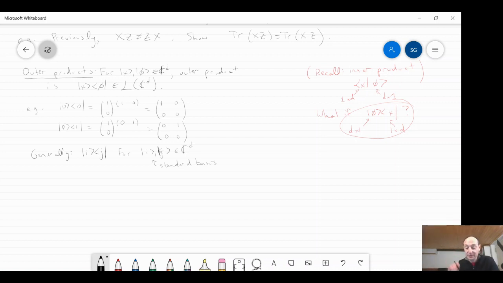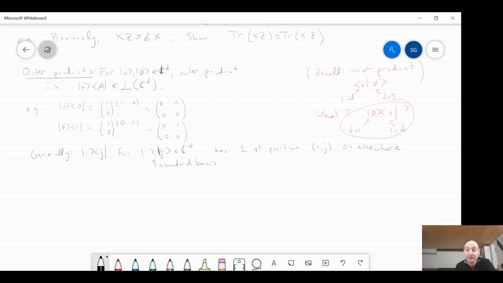Otherwise, I'd use something like a psi. So |i><j| has a 1 at position i, j, zeros elsewhere. Okay, so it's no coincidence. This is always what happens.